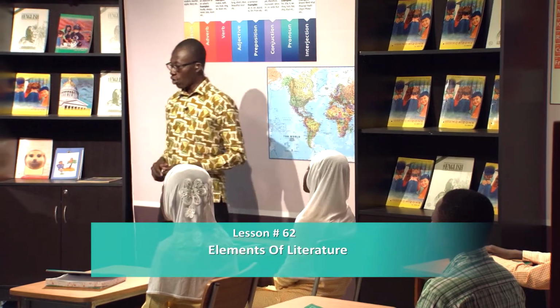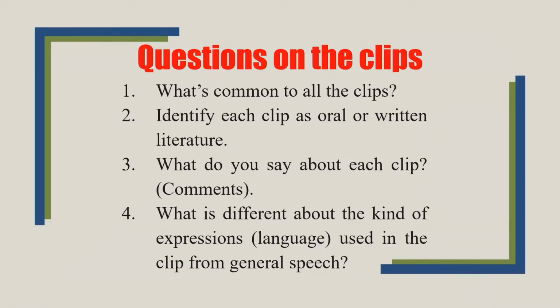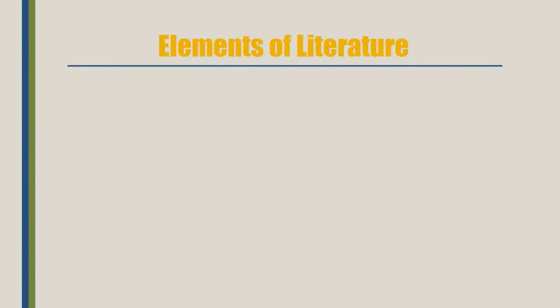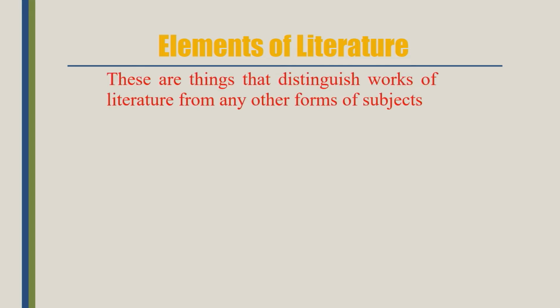Good. Now let's go on to our main thing. We are going to look at the elements of literature. What we watched, there are certain things there that I'll be talking about. We said there are things that distinguish works of literature from other subjects, like science, mathematics, computing. When you pick science, mathematics, or computing, there are things that are used in these subjects that are different, just as with literature.